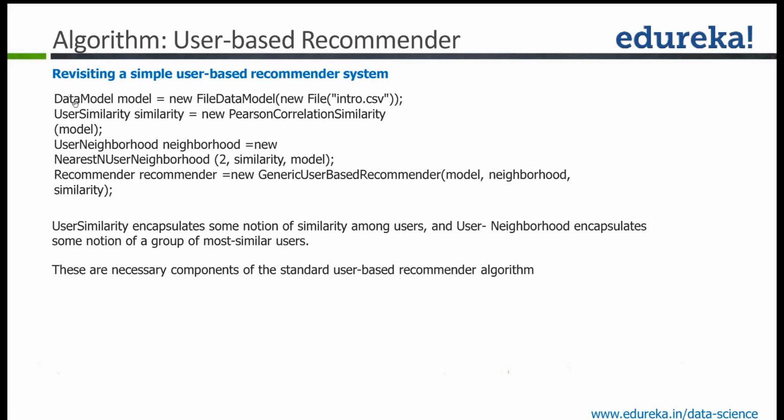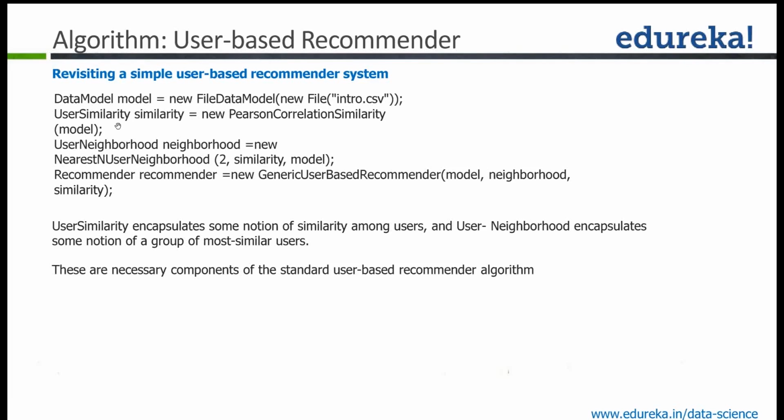Obviously, that depends on where your data is. In this example, I have data in a CSV file, so I create a data model which connects to that particular CSV data. And if you have data in a particular relational table, you will create a data model that connects to the database and gets the data.